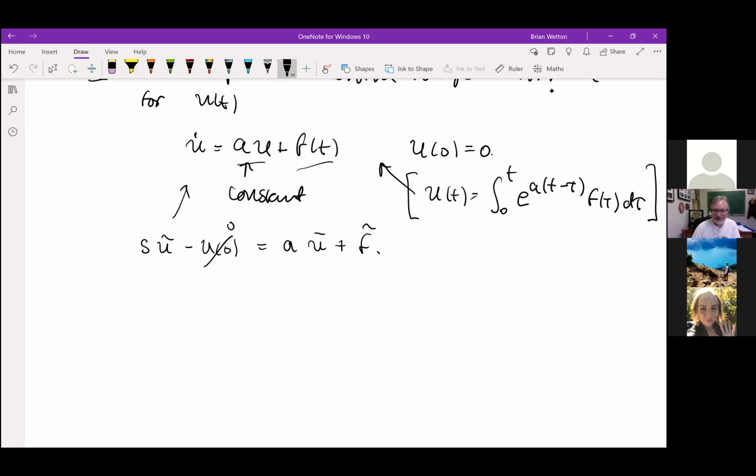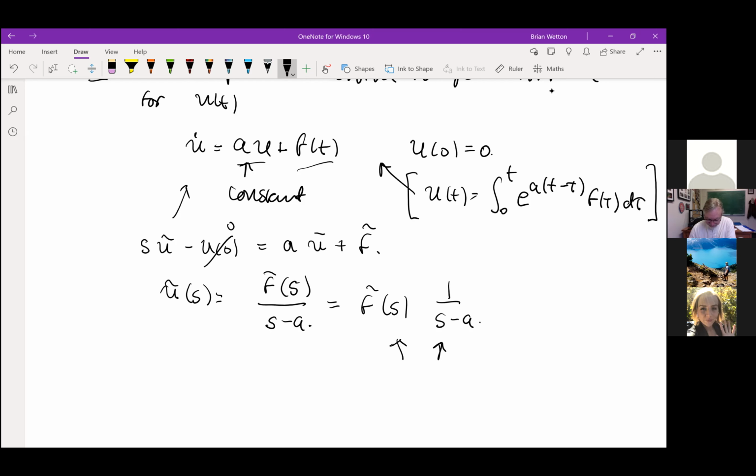This is another one of these things where our game has been, we reduce PDEs to ODEs, and in this game we're reducing ODEs to algebra with the Laplace transform. And so here we get U tilde of s is F tilde of s divided by s minus a. Let me write this as F tilde of s times 1 over s minus a.